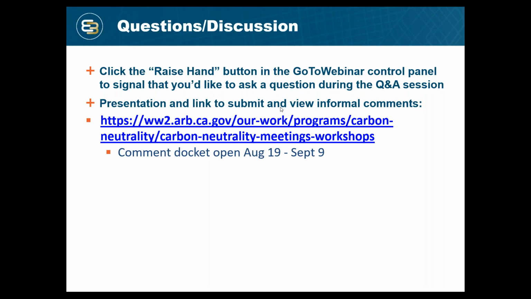2045 is a long planning horizon for the next scoping plan. And we do have the luxury of doing that scoping plan update every 5 years. But if we're going to put ourselves on track to hit 2045, we fully recognize that there are actions that we need to start taking in the next few years to get to that 2045 target. And we want to make sure that we have the best information and that we as policymakers are putting out the right signals.